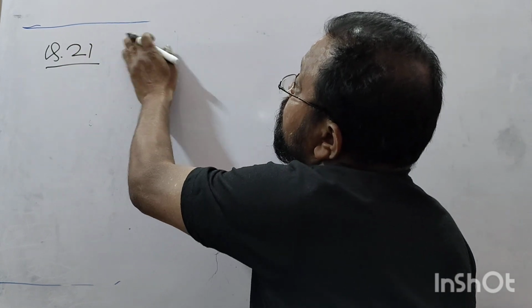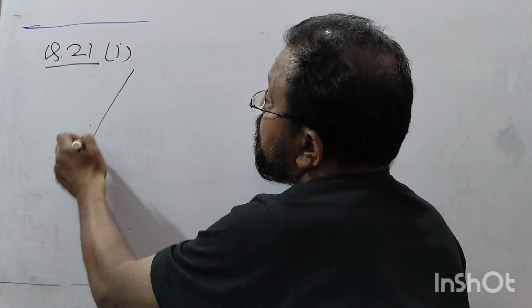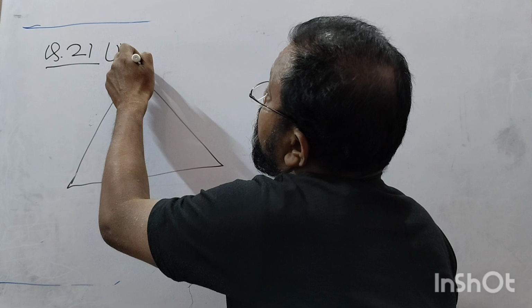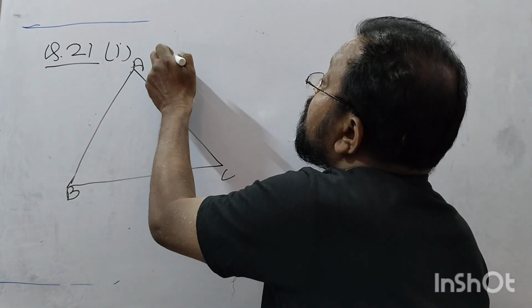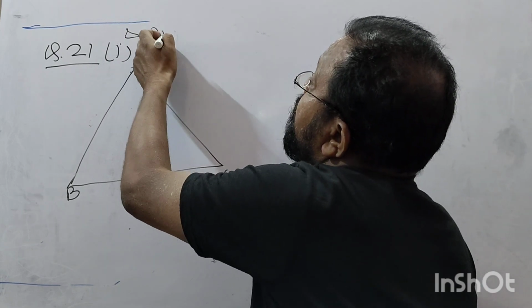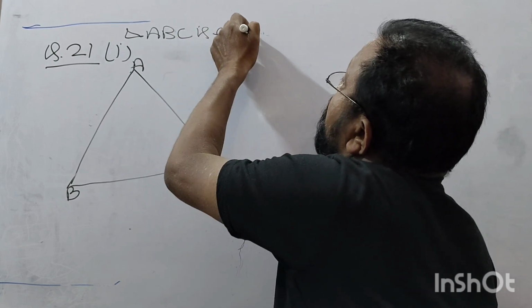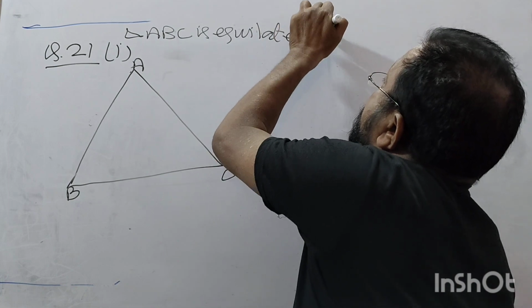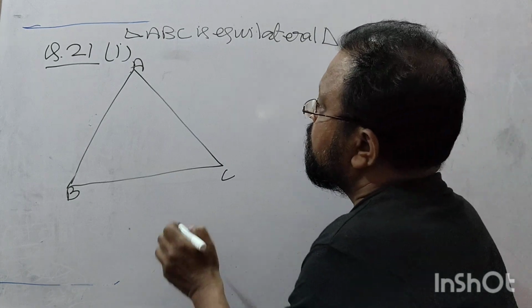In a figure given below, ABC is an equilateral triangle, triangle ABC is equilateral triangle with each side of length 10 centimeter.